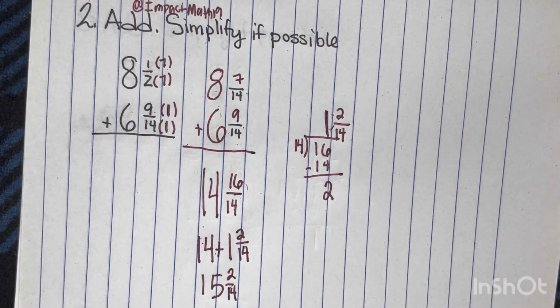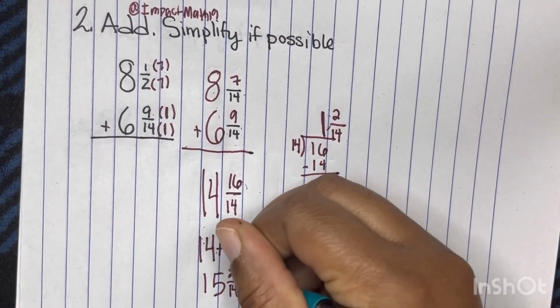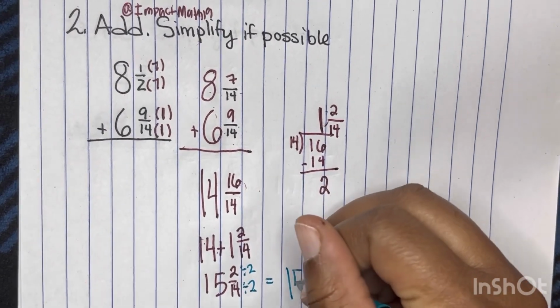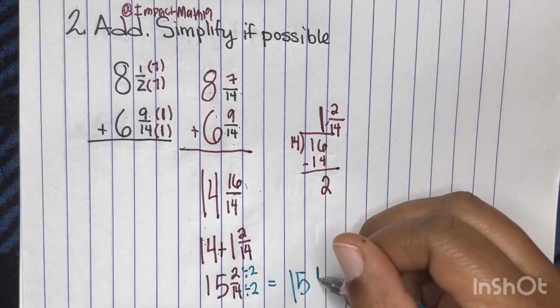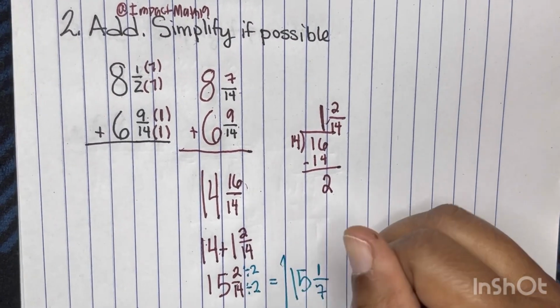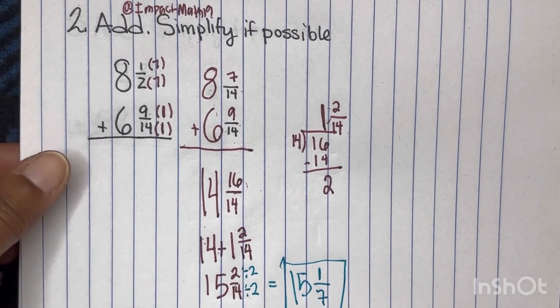This 2 14ths can still be simplified. We can divide by 2 on this fraction. And so we would end up with 15. 2 divided by 2 is 1. And half of 14 is 7. So our reduced mixed number is 15 and 1/7.